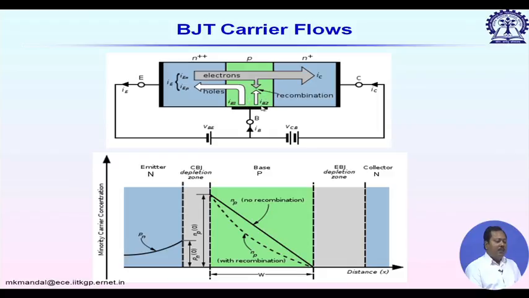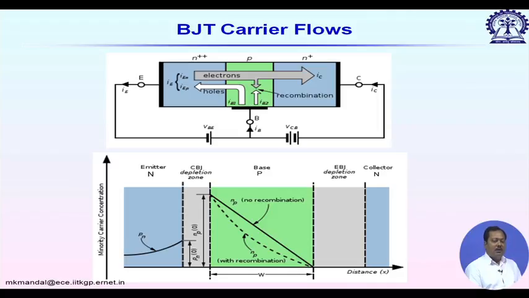Now, for high frequency operation we have to decrease transit time. That means we have to decrease the base width, but if we decrease base width, the problem we will face is that base resistance will become very high. We have to avoid this problem. So, how can we avoid this high resistance problem?